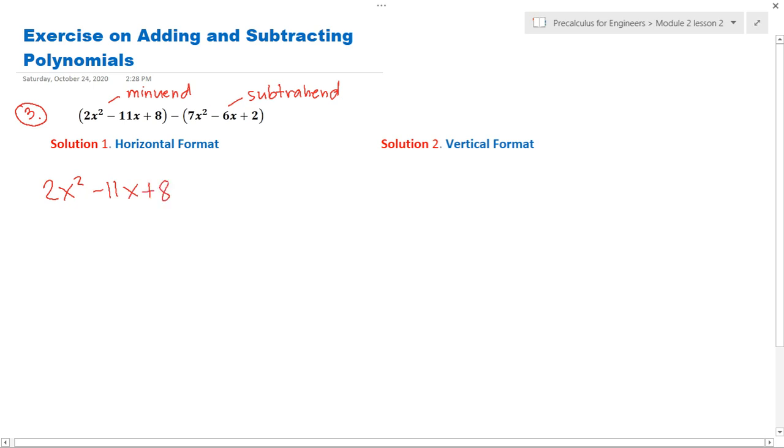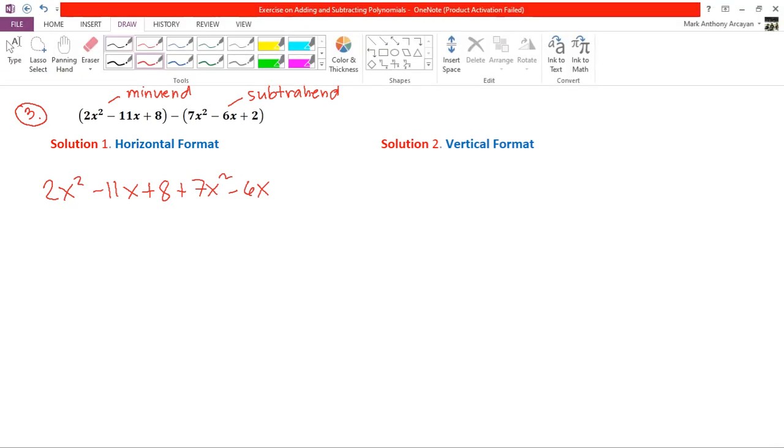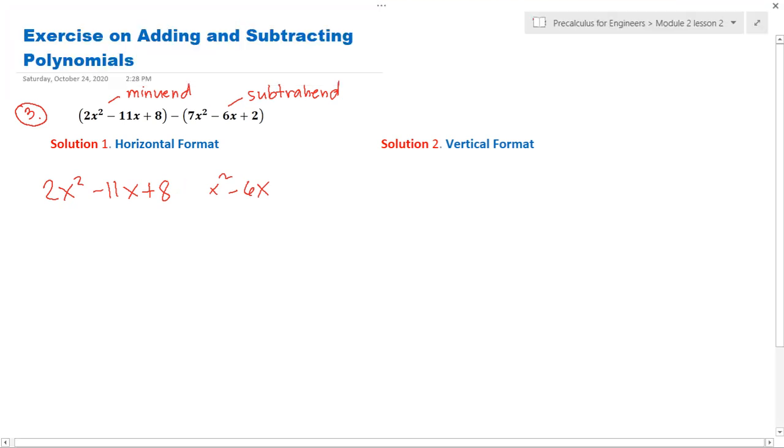Class, ito yung medyo na careless yung mga estudyante. Since some of you just write it plus positive 7x squared minus 6x, which is wrong. Kasi meron kang negative sa labas.